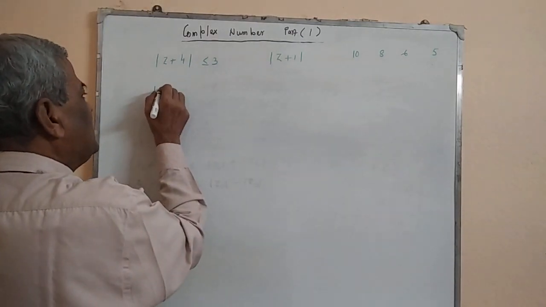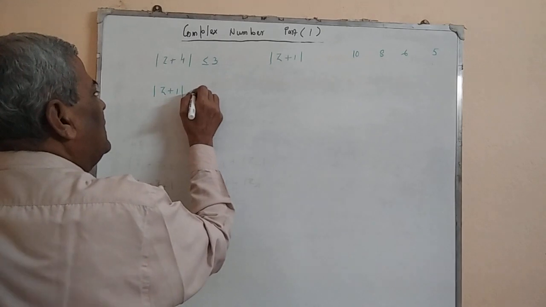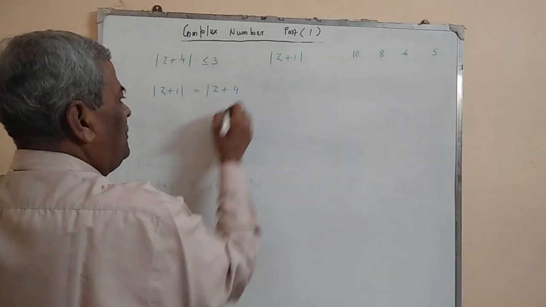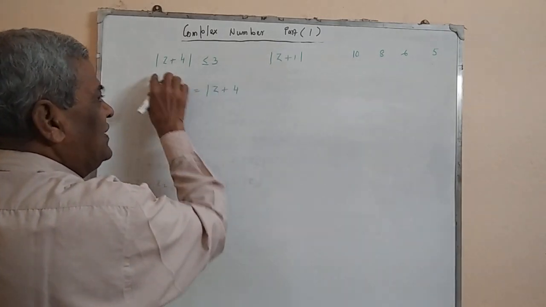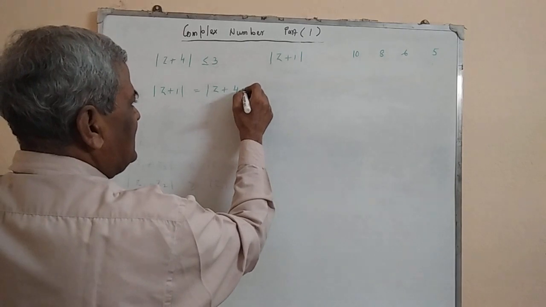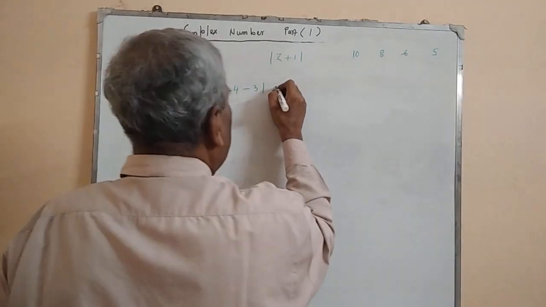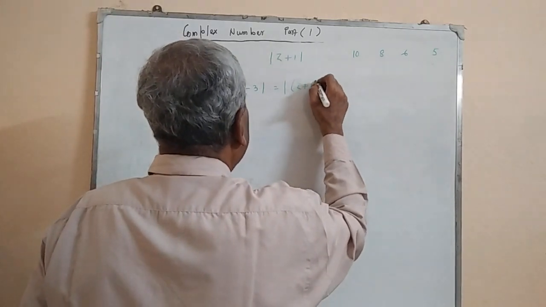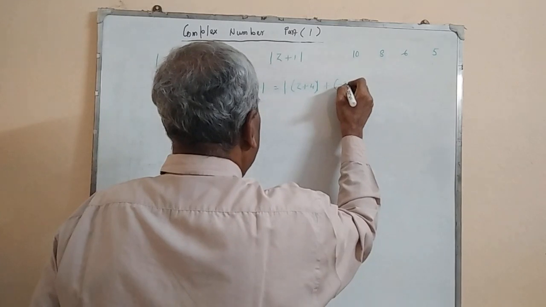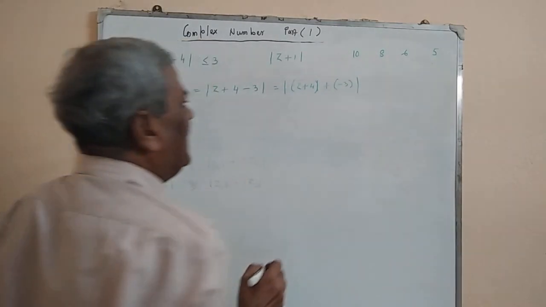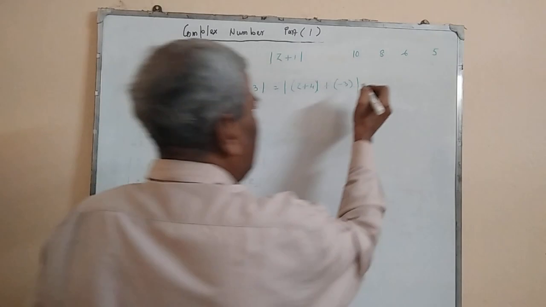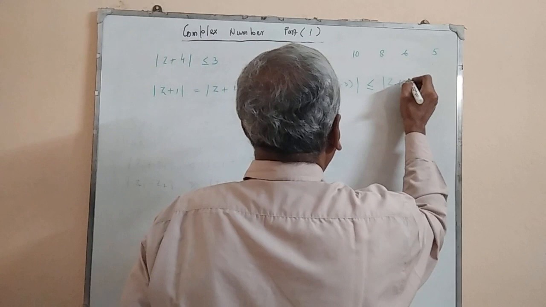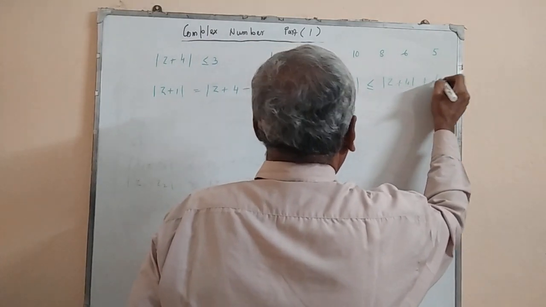Let us start from here. We have to find the maximum value of mod of z plus 1. It is equal to mod of z plus 4, I must use that, then adjust minus 3. This is equal to mod of z plus 4 plus minus 3. It is of the type mod of z1 plus z2, and we know that it is less than or equal to mod of z1 plus mod of z2.